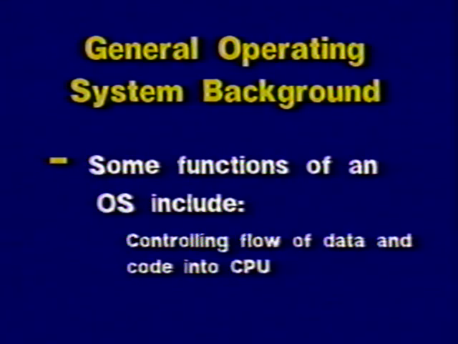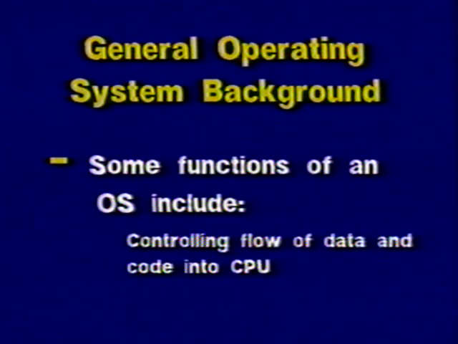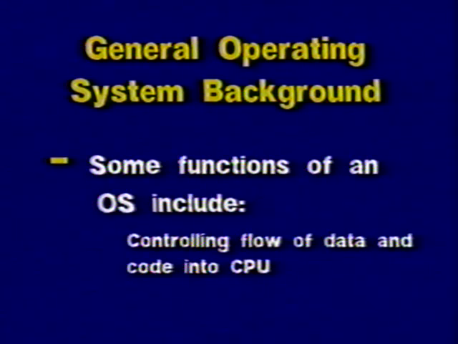And it is the CPU that actually reads in an instruction from memory and executes that instruction. Now, some instructions require data before they can be executed, and so it's also the responsibility of the operating system to read that data into the CPU and into main memory in general, so that the instruction that's about to be executed by the CPU has the necessary data for completing the instruction.